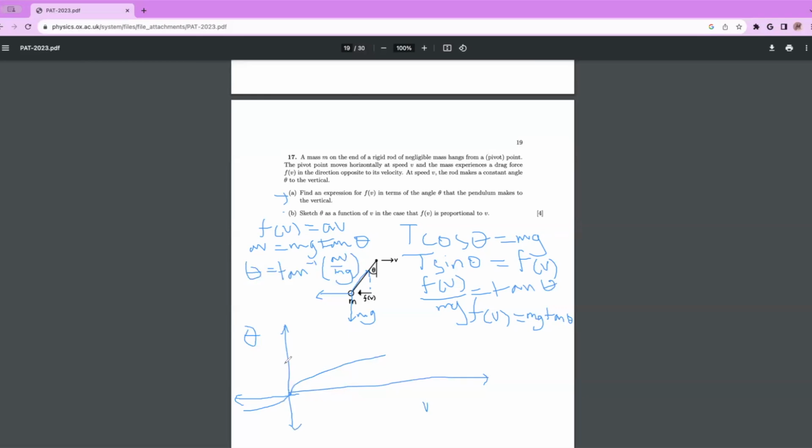Yeah, as it goes to infinity, it'll still be asymptotic at pi over 2 because that's just how the arctangent function is. But the slopes at 0 and everywhere else will be different. But yeah, that's basically just it. And I suppose you could also say negative pi over 2. Yeah, that is question 17.